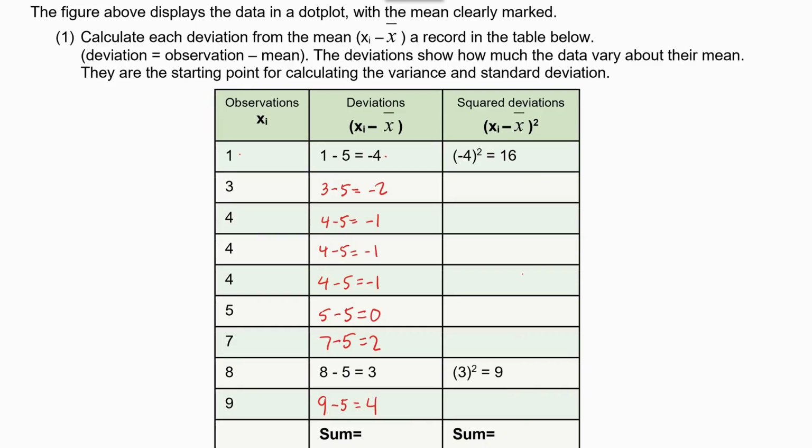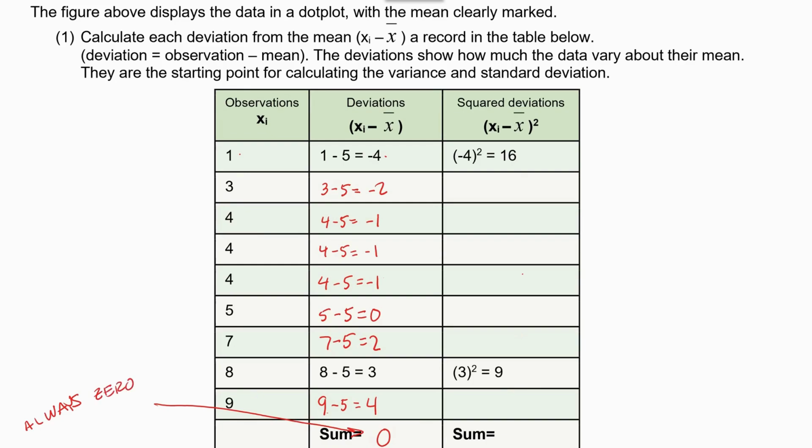Now, if we add up those numbers, -4, -2 is -6, -7, -8, -9. There's -9 in the negative numbers. +2 plus 3 is 5, plus 4, that's +9. The sum of the deviations ends up being 0. And what's interesting is that number is always 0.